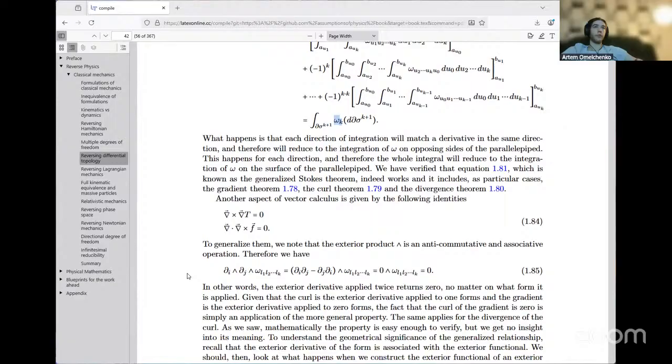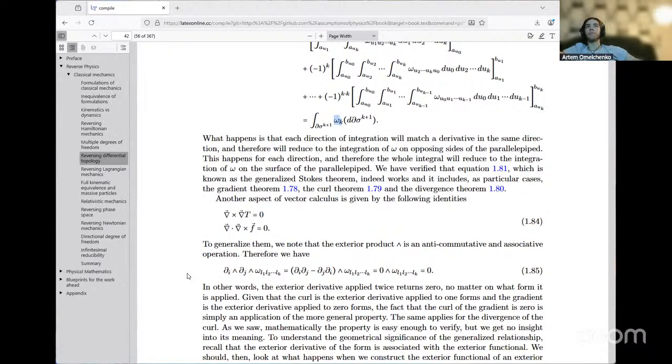We have verified that equation 1.81, which is known as the generalized Stokes theorem, indeed works, and it includes as particular cases the gradient theorem 1.78, the curl theorem, and the divergence theorem.